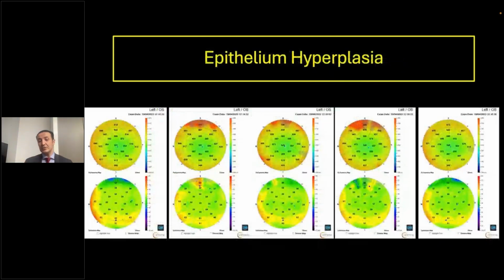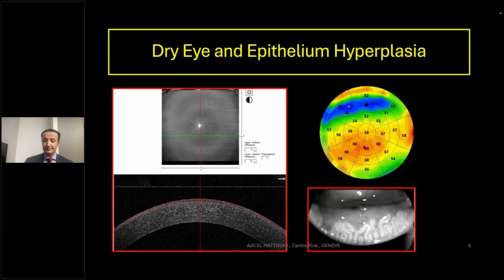We have very good repeatability and reproducibility of the epithelium mapping, especially in this hyperplasia observation. And look, this is the same patient with a different acquisition under 2 minutes' time, and you can observe the same hyperplasia between each acquisition.